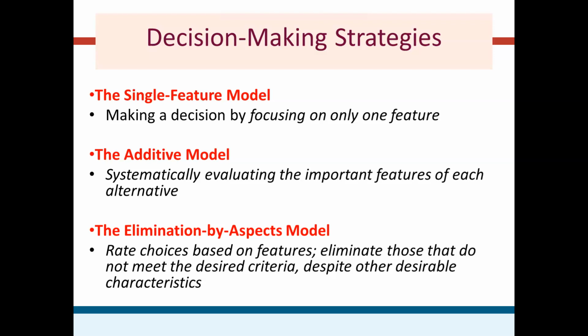That's when we systematically evaluate the important features of each alternative. We actually evaluate the pros and cons of each alternative in order to help us make, hopefully, a helpful decision.